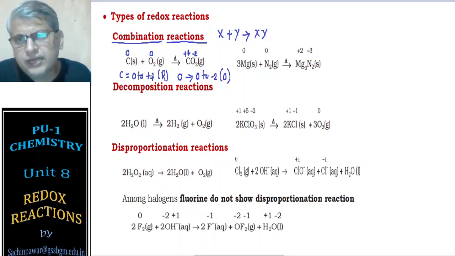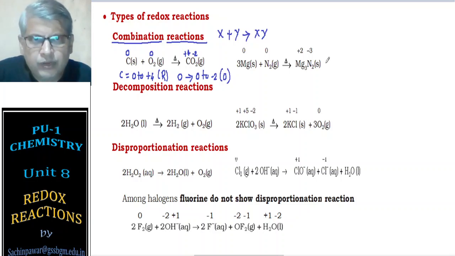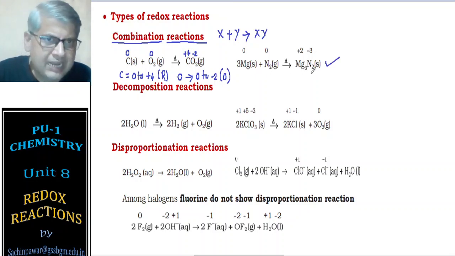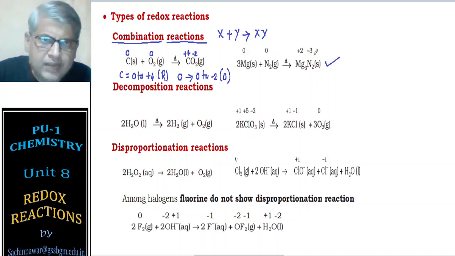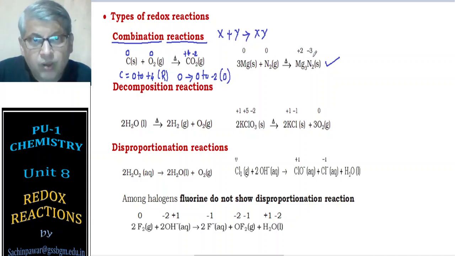So both oxidation and reduction are taking place, so this is an example of a redox reaction. One more example: magnesium combines with nitrogen to form magnesium nitride, Mg3N2. Magnesium is going from 0 to +2, and nitrogen is converting from 0 to -3, which is a decrease in oxidation number.